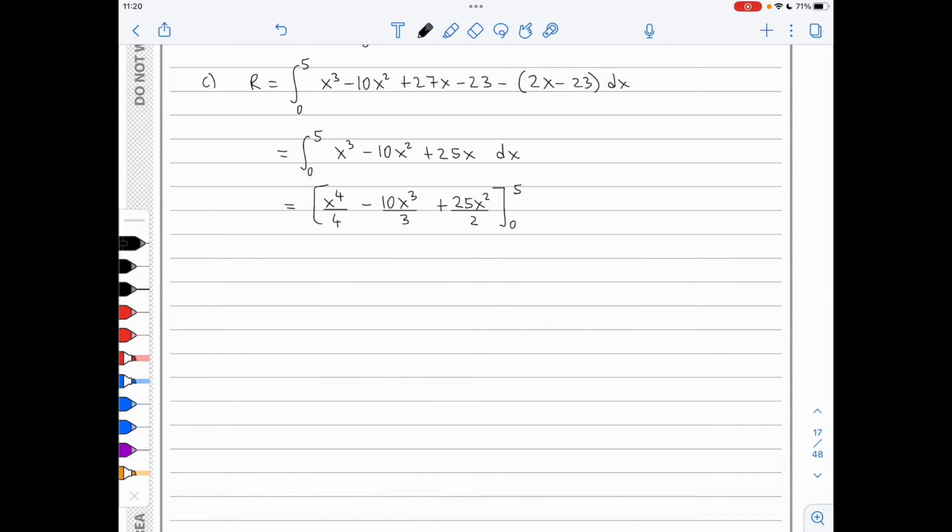I show the substitution of the upper limit, which is 5 to the power of 4 over 4 minus 10 times 5 cubed over 3 plus 25 times 5 squared over 2. And then the substitution of the lower limit will simply result in a 0. So plug this on the calculator and get 625 over 12 units squared.